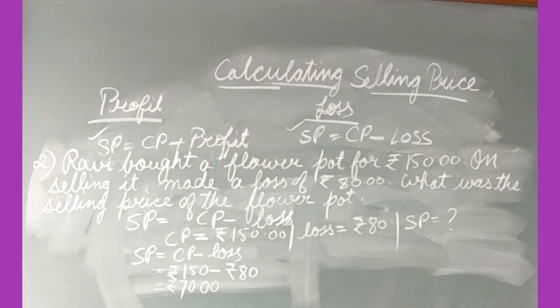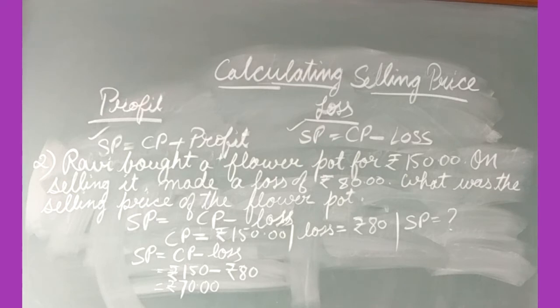What was the selling price of the flower pot? You have to take out the selling price. Here loss is there. When loss will be there, which formula will you use? You will use SP equal to CP minus loss.